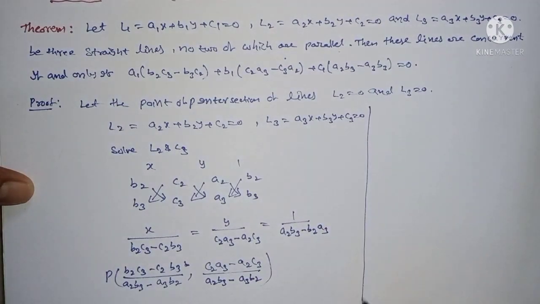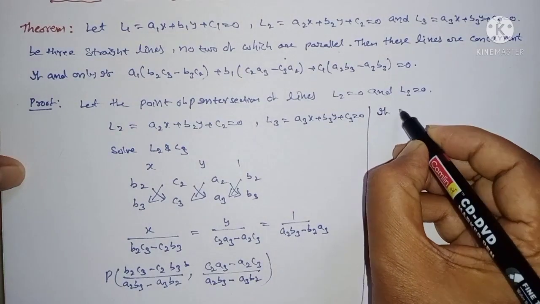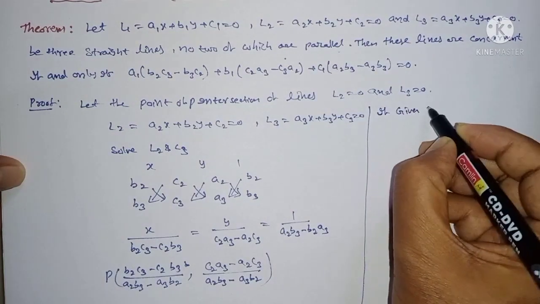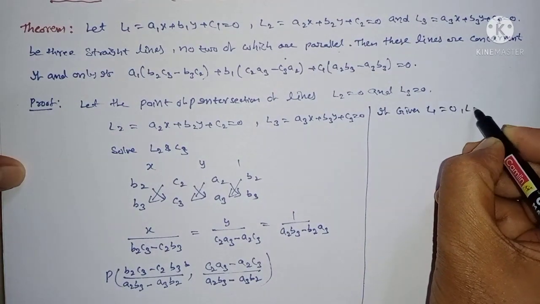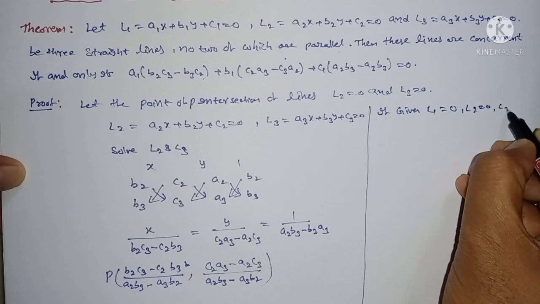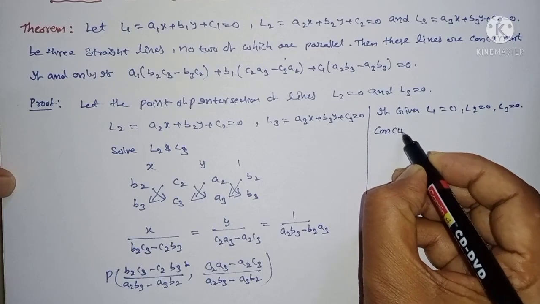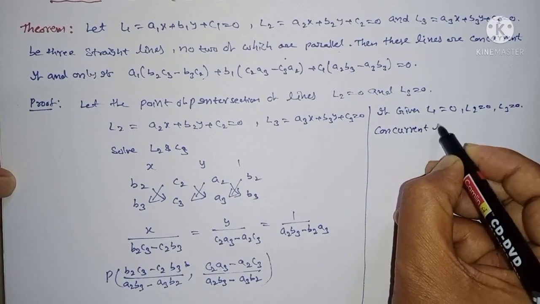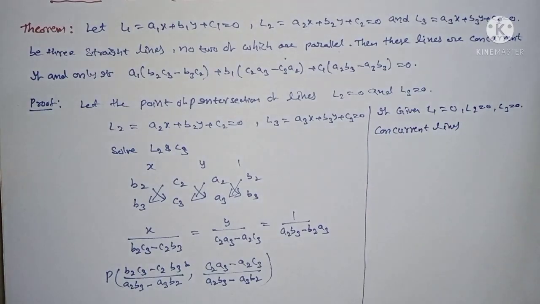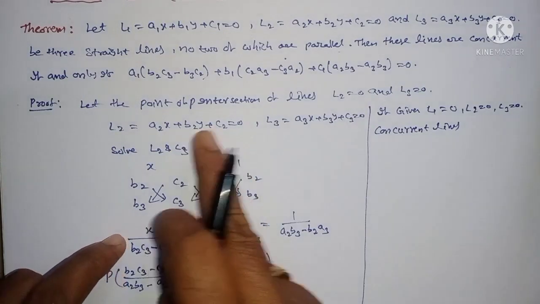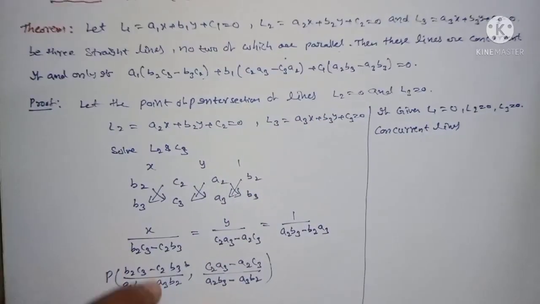This equation is, if given L1 is equal to 0, L2 is equal to 0, L3 is equal to 0, concurrent lines, means you can solve these two equations. The intersection point must satisfy L1 also.